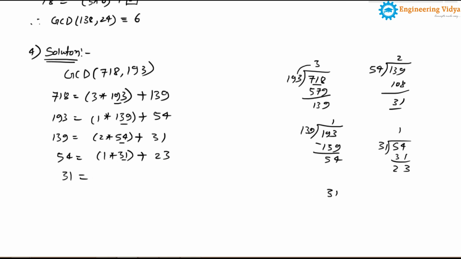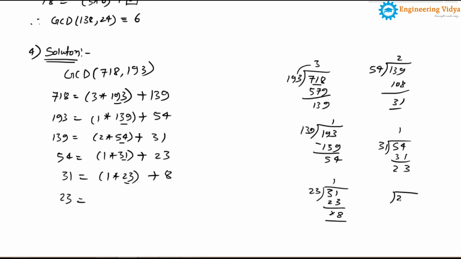Now again 31 divided by 23, 23 will come, and 8 will be the remainder. So here we'll write 1 into 23 plus 8.